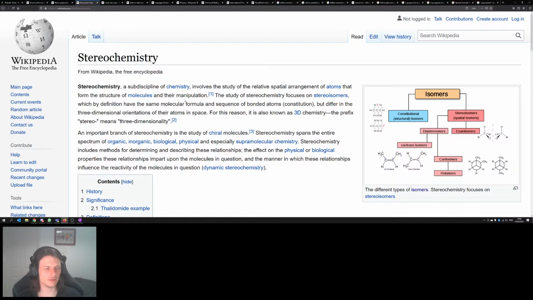For this reason, it is also known as 3D chemistry. The prefix stereo means 3-dimensionality. Ah, that's really helpful. Hey, nice.